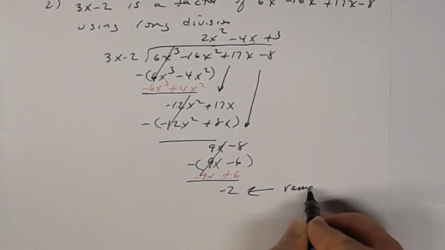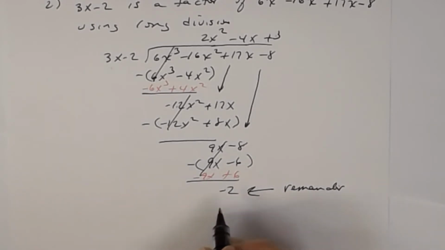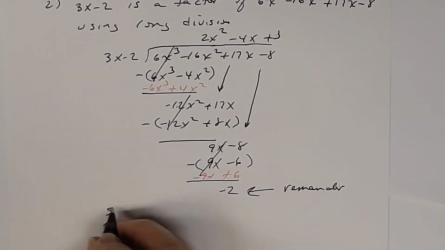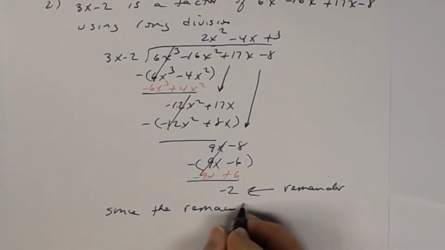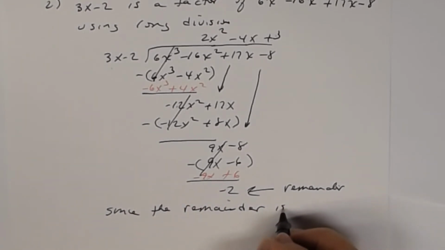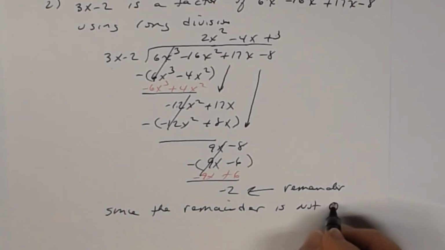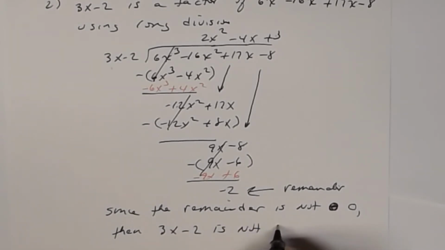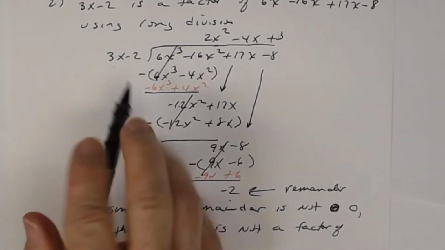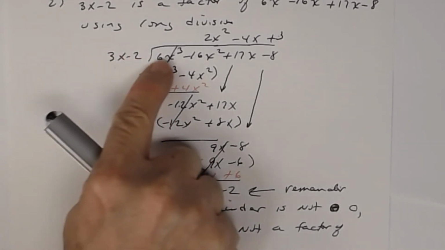so there's your remainder. And notice the remainder is not 0, right? Since the remainder is not 0, this means 3x minus 2 is not a factor, so that means that the divisor is not a factor of the dividend.